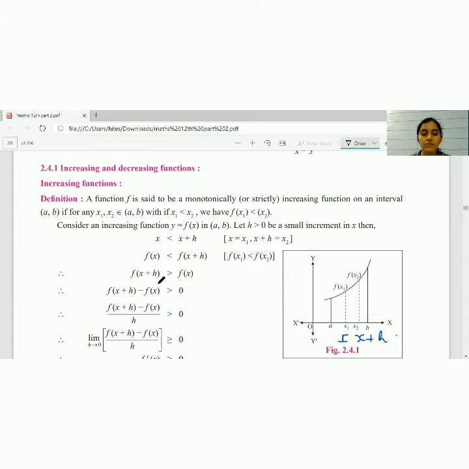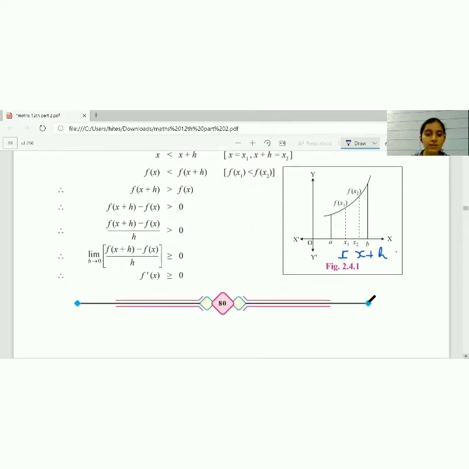Taking f of x to the left side, we get f of x plus h minus f of x is greater than 0. Now I'm dividing by the small change h and applying limits on both sides. What do we get? Limit h tending to 0, f of x plus h minus f of x upon h is greater than or equal to 0. So you're going to get either 0 or greater than 0.